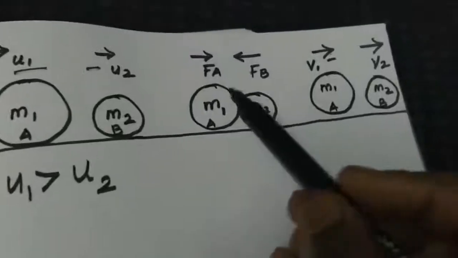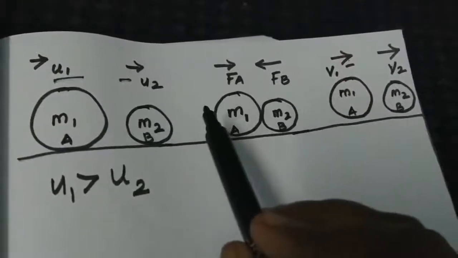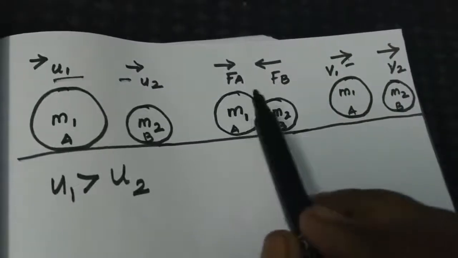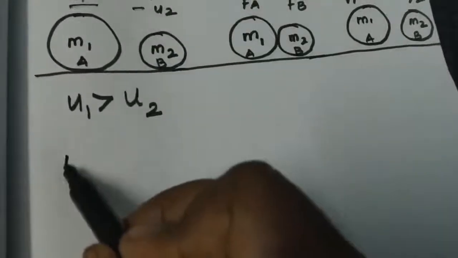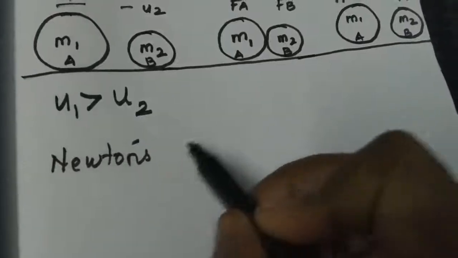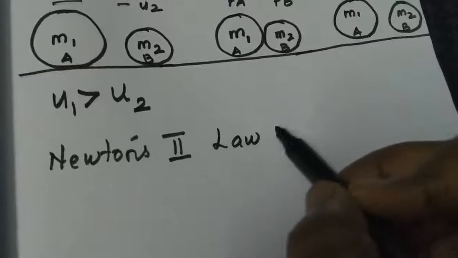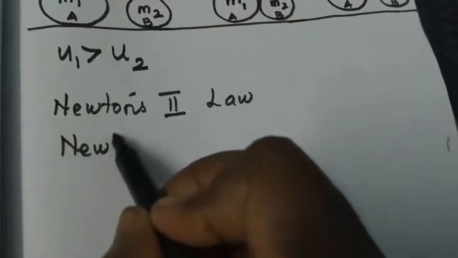Here there are two laws substituted in the law of conservation of linear momentum. The first one is Newton's second law and the second is Newton's third law.